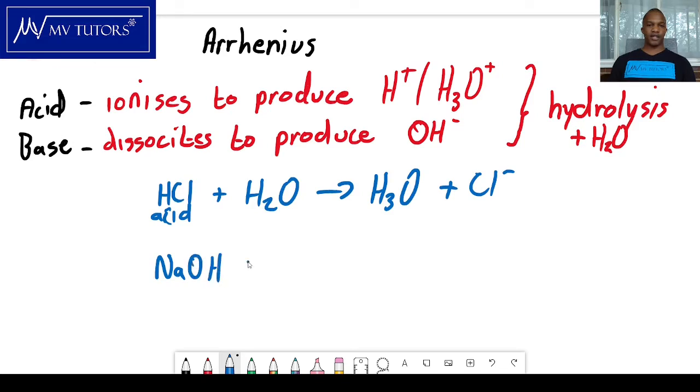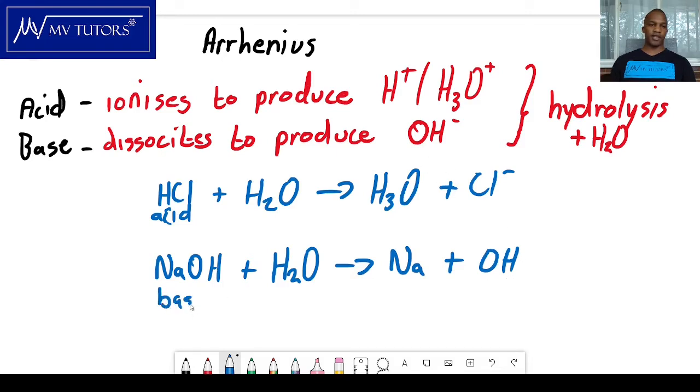Now let's look at another one. Sodium hydroxide, let's add water to it, H2O, and it produces Na plus OH, so it dissociated. Because sodium hydroxide produced an OH, that means it must be a base. Under hydrolysis, when you add water to it, it dissociated to that.